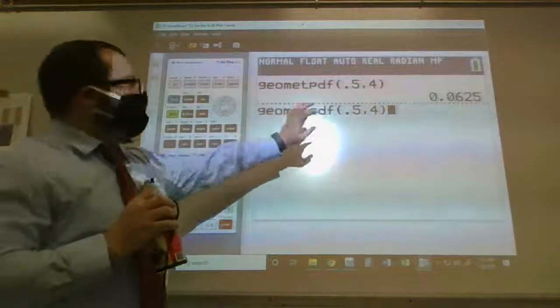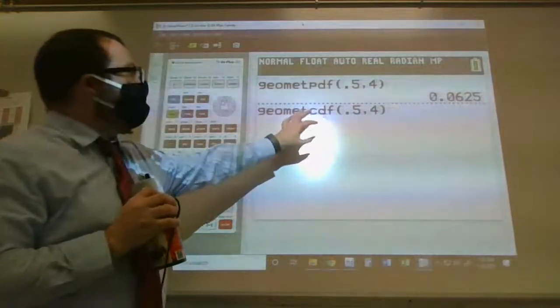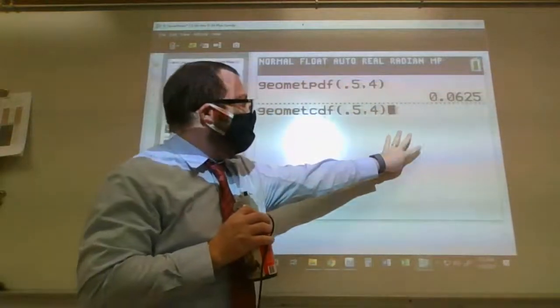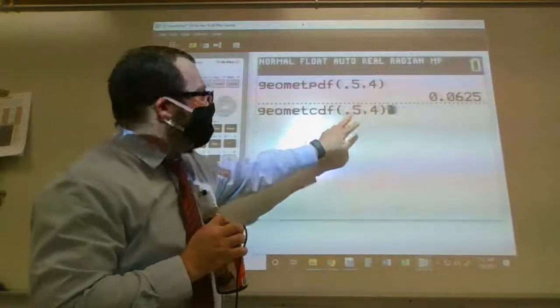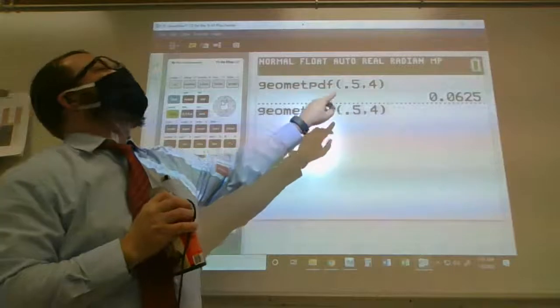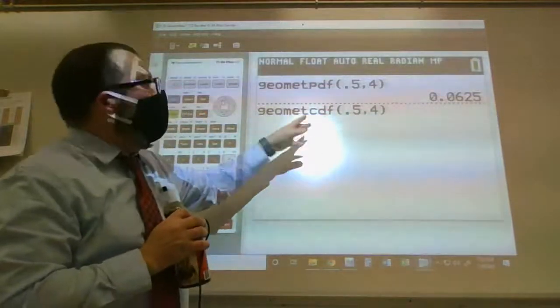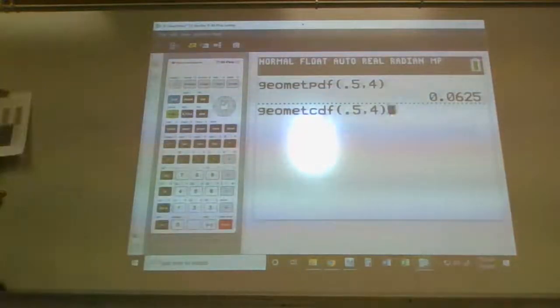Basically, what this is going to calculate is the chances of getting it on the fourth trial, plus the chances of getting it on the third, plus the chances of getting it on the second, plus the chances of getting it on the first. It's going to add all those numbers up.